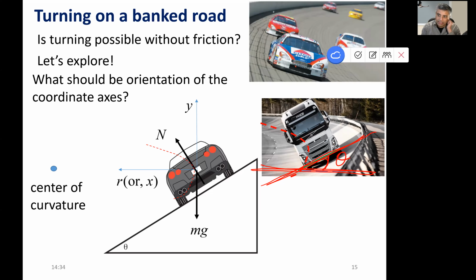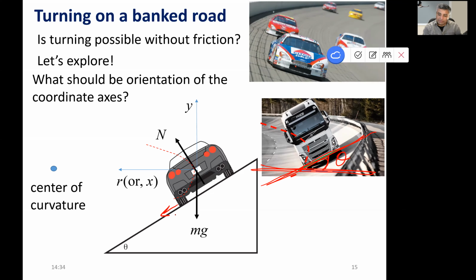And by the way, if there is friction, then what would be the situation? In this case, on this incline, the friction is going to be acting this way. The static friction I am talking about, okay?